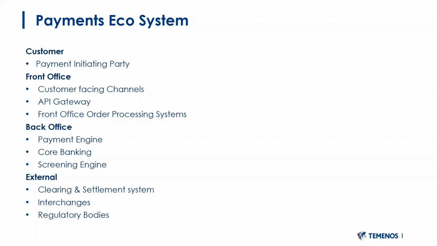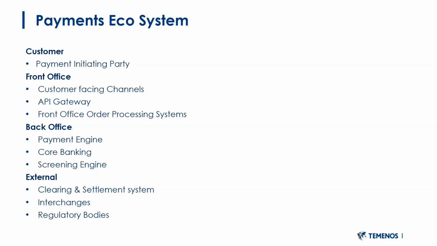Then we have the front office of the bank. It comprises customer-facing channels, such as mobile and internet, with different flavors for corporate and retail. There is an API gateway that authenticates, authorizes, and throttles the requests, and a set of front office business modules that do some pre-processing of the payment.